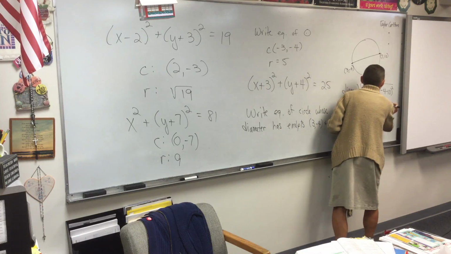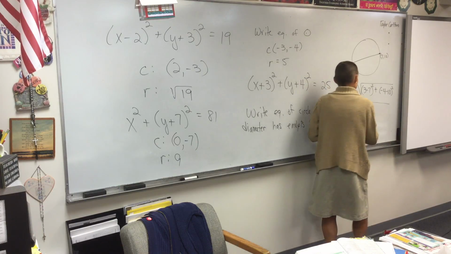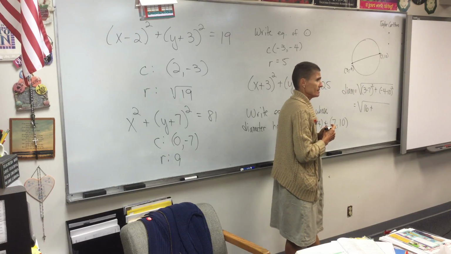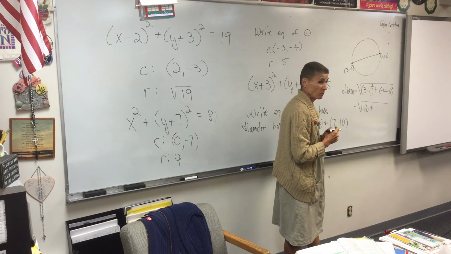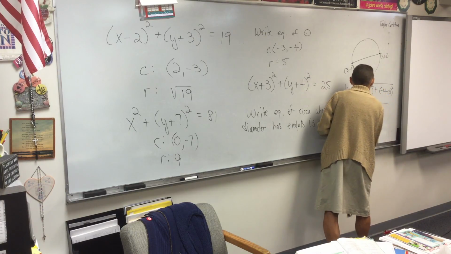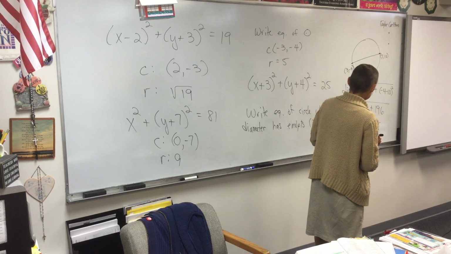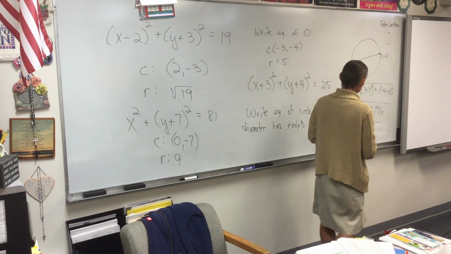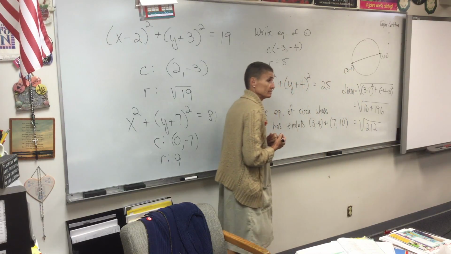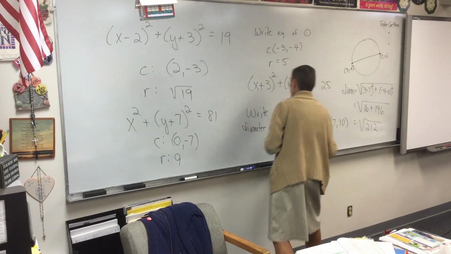So I end up with, okay, 3 minus 7, -4 squared, 16. -4 minus 10, -14, is that 196? Yeah. So adding that up gives me 212. Square root of 212. Now that's the diameter.